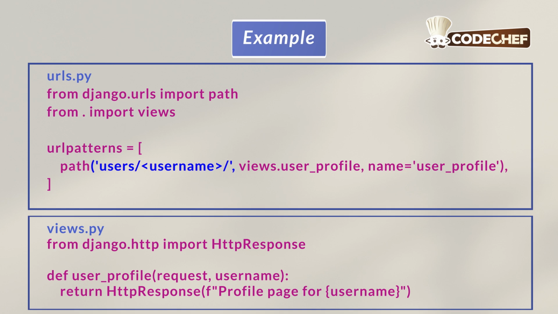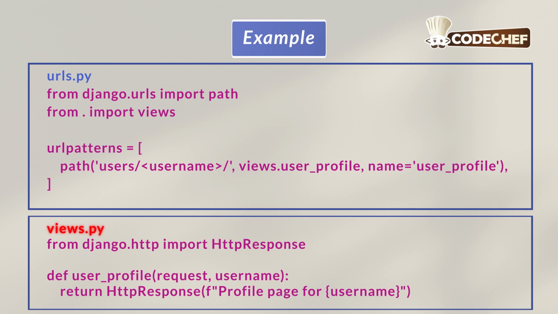Whenever we are making use of variables, we enclose them within angle brackets. So username is the variable or the dynamic part of the URL. Somebody can type users/ then some value over here. If that path is encountered, then the view called user_profile will be called.